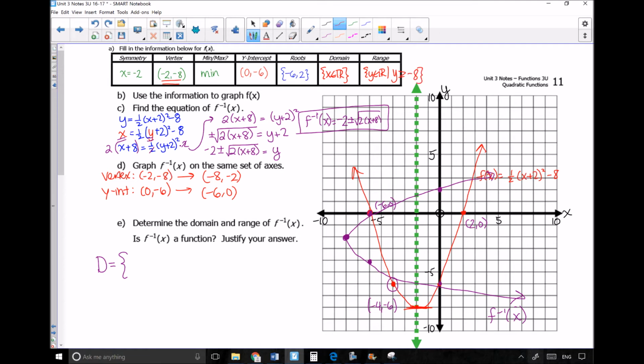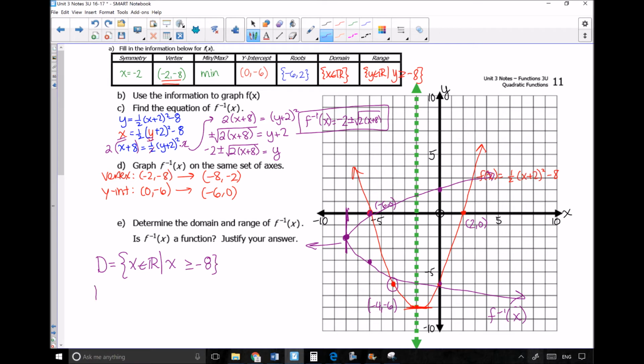Okay, so now the domain of our inverse function right here, we can see that it has a lowest point. It doesn't go past negative 8. So therefore, my domain is going to be x is an element of the reals such that x is greater than or equal to negative 8.